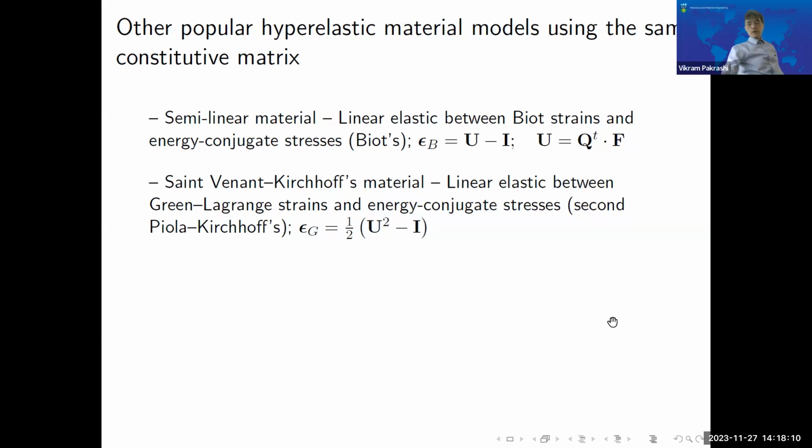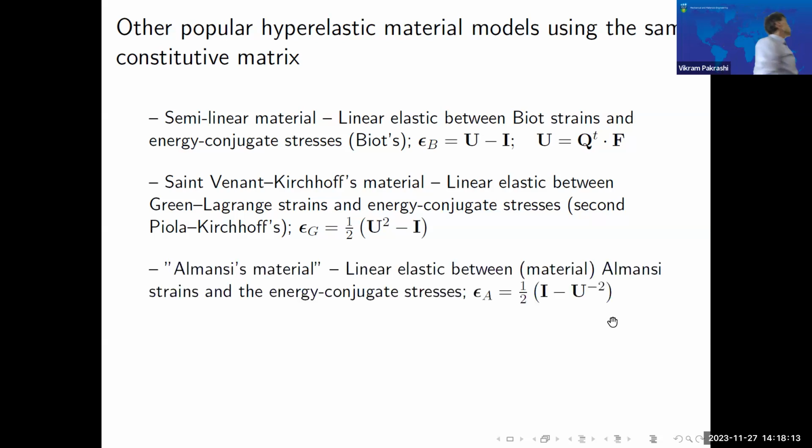Now, I'm stressing this because in all the materials here, we will be seeing very similar expressions for the strains. But these are just different choices that we can take in nonlinear analysis for our strains. So this would be the so-called Almansi strain, at least one of the two versions that exist for the Almansi strains. So we can work out some energy conjugate stresses, which are not the Cauchy stresses, despite the fact that very often in literature you can find that claim, but there exists an energy conjugate stress tensor to the Almansi strain tensor, and we can work out a material in which the relationship between them is linear.